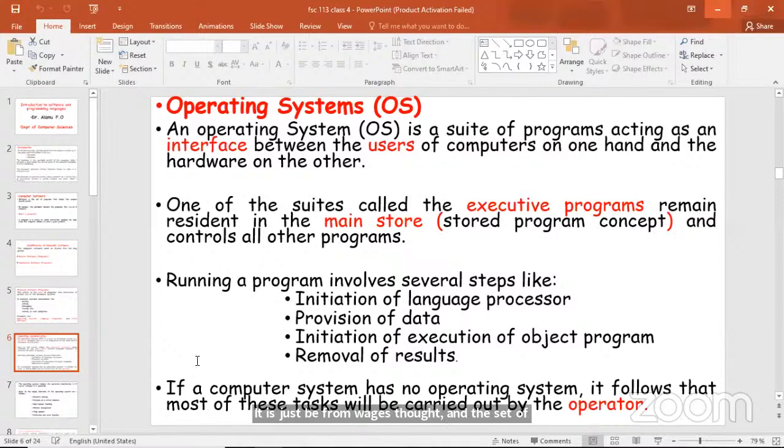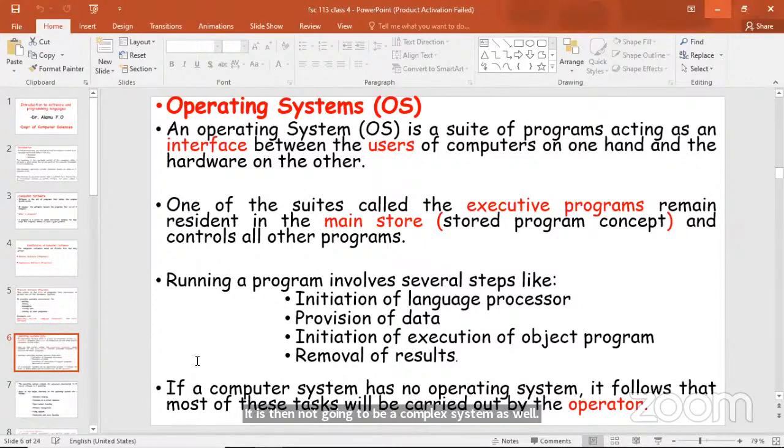The stored program concept is what differentiates the computer system from all other calculating devices, and this is the basis of the von Neumann architecture. So if there is no program stored in the computer system, then there is a problem. It is then not going to be a computer system as it were.